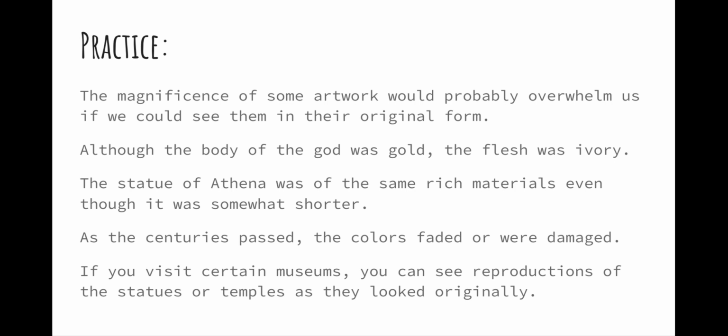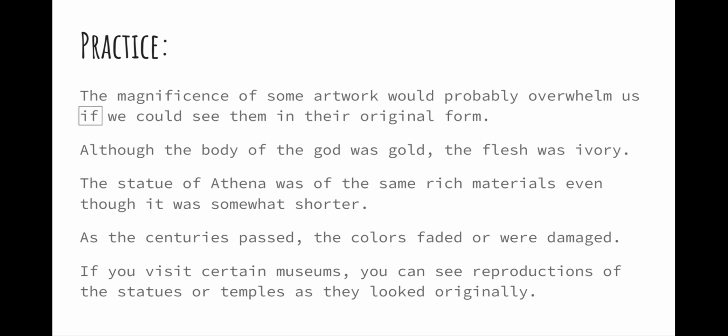So let's get started. The magnificence of some artwork would probably overwhelm us if we could see them in their original form. So we're looking for a conjunction that is joining the dependent clause to the independent clause. Let's look at this and see if you can find it.